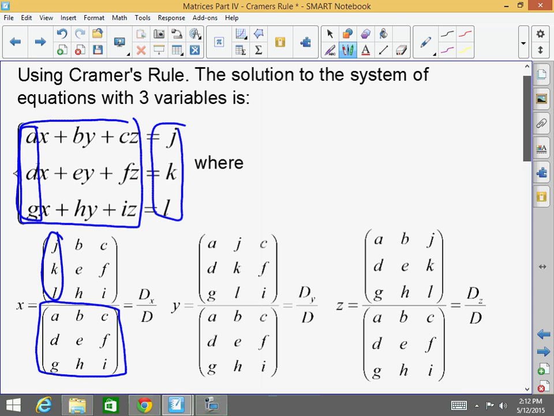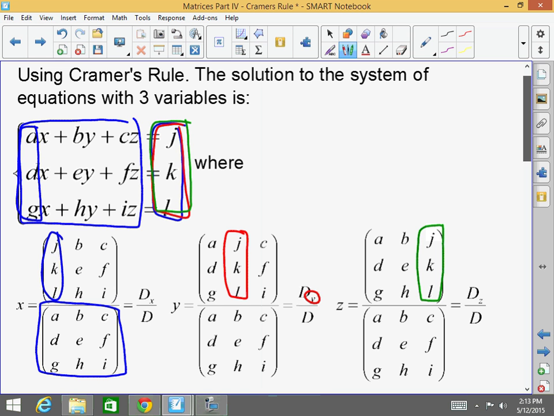And then I'm leaving the coefficients of y and z. To find my d of y, I'm replacing my j, k, and l with the coefficients of y. And I'm leaving the coefficients of x and z. And last but not least, to find my d of z, I'm replacing my j, k, and l, this time in green, with the coefficients of z.